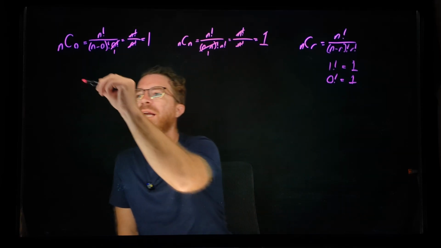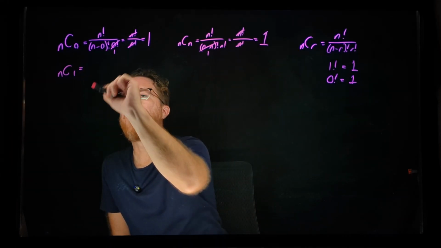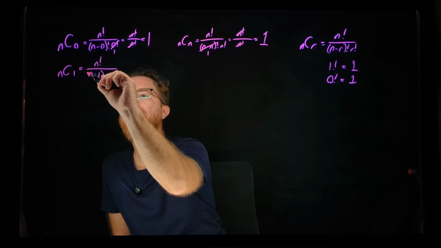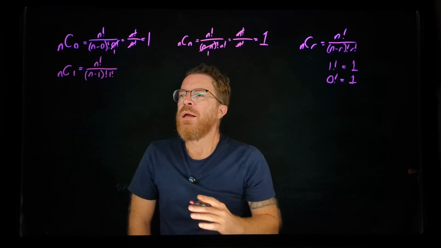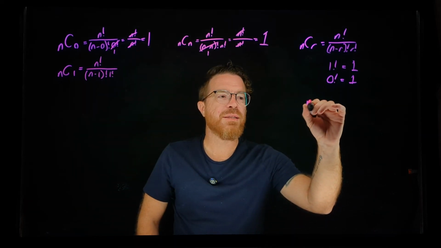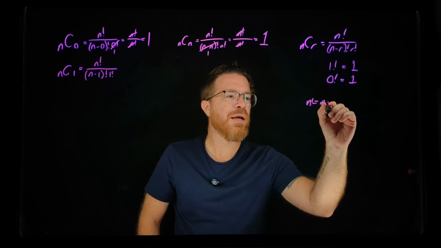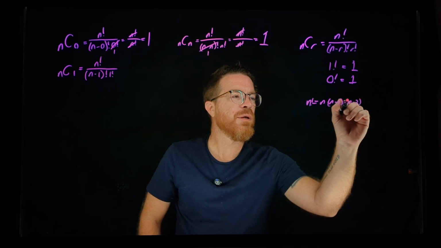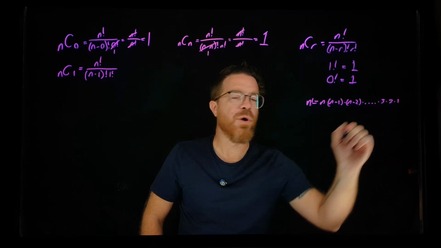So the next thing we're going to look at is going to be n choose 1. So again, plugging it in, we have n factorial divided by n minus 1 factorial times 1 factorial. Now this one, we're going to use a slightly different rule, which is whenever we have a factorial, we can write this as n factorial equals n times n minus 1 times n minus 2, so on and so forth, down to 3 times 2 times 1.